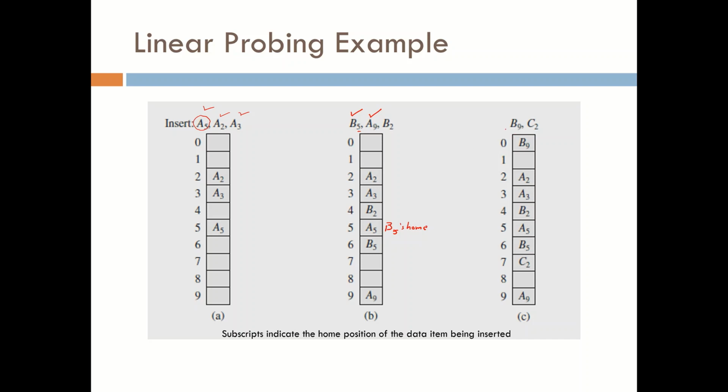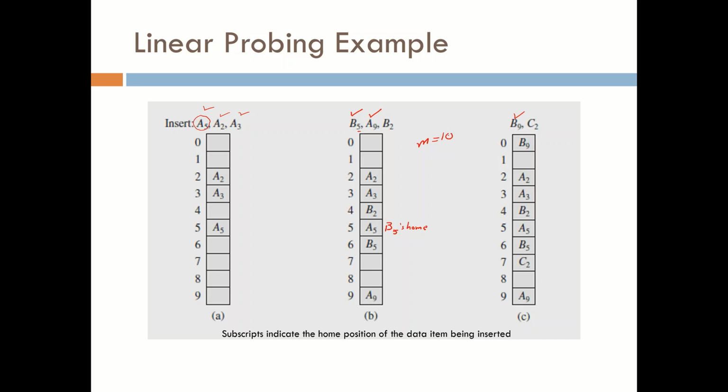Let's continue with this example and look at B9. When I try to put in B9, there's already a value at 9, so I wrap around to the beginning of the table. I add 1, that gives me 10. I mod by the table size. The table size here is actually M is 10. It goes from 0 to 9, which is 10 items.